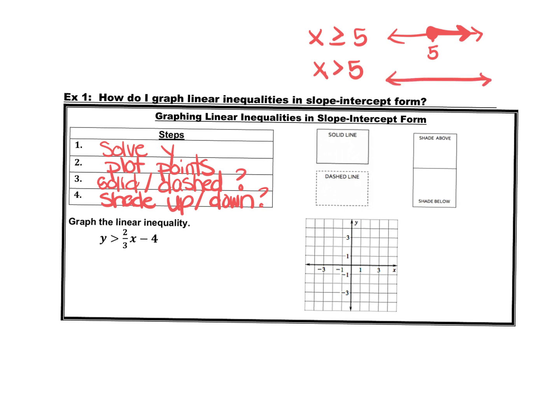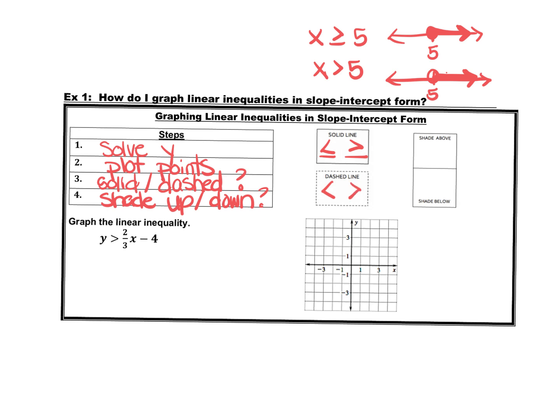It's greater than 5, but does not include the 5, so we would have an open dot, but then everything going to the right. The same principle happens with the solid line and the dashed line when you're graphing. A solid line would mean you include it. So it would be the less than or equal to or the greater than or equal to. If it has that equal sign, you're going to have the solid line, where the dashed line is when you have just the less than or the greater than.